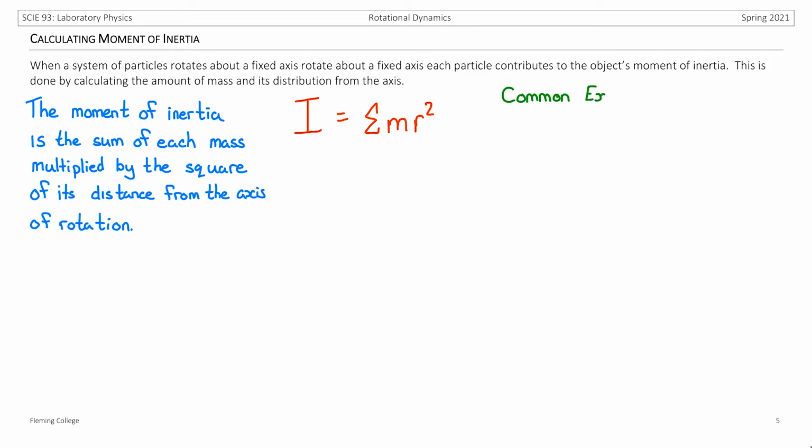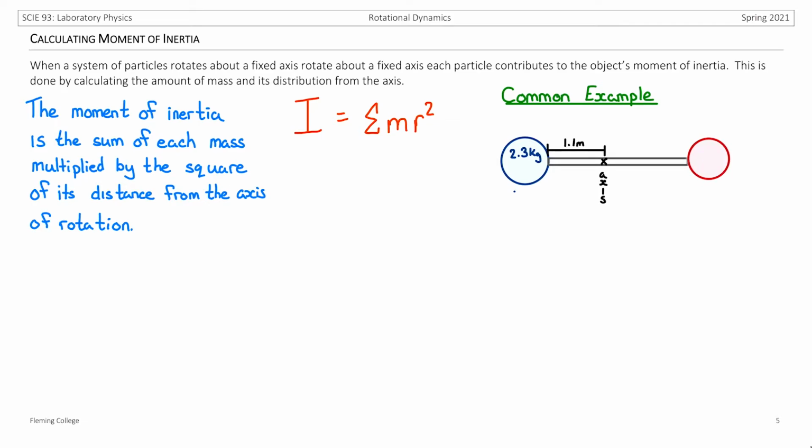A common example is when you have two or more particles separated by a distance. So let's look at a situation where we have a blue mass of 2.3 kilograms that is 1.1 meters from the axis, and a red mass that is 1.2 kilograms that is 1.3 meters from the axis.